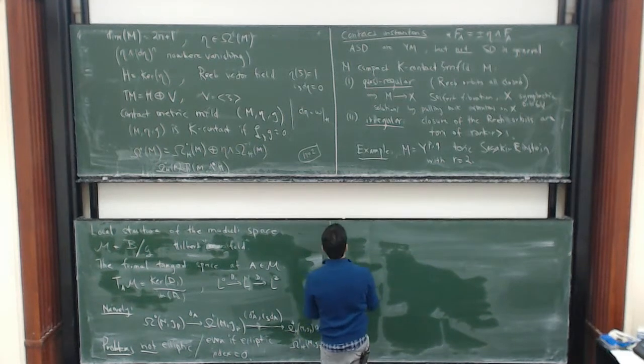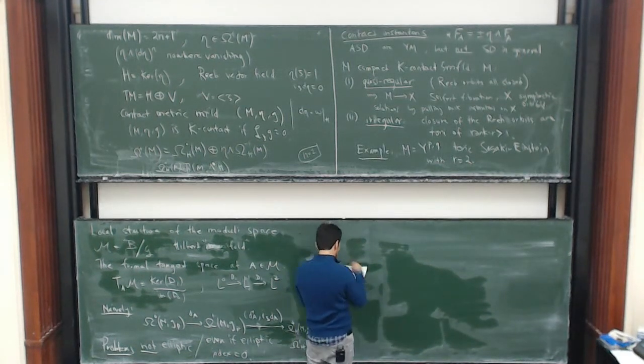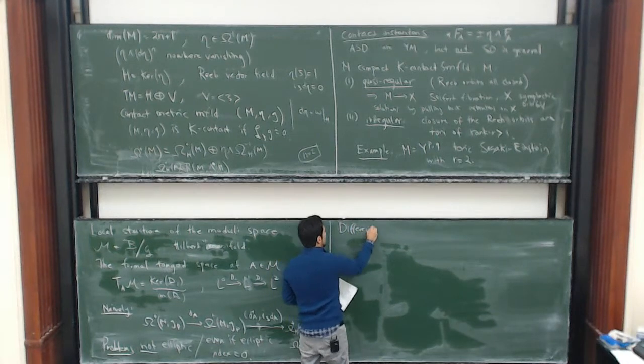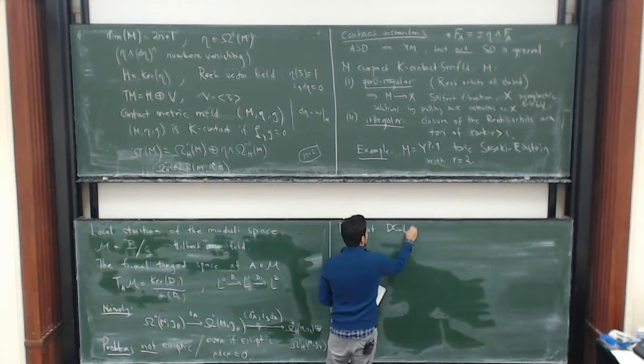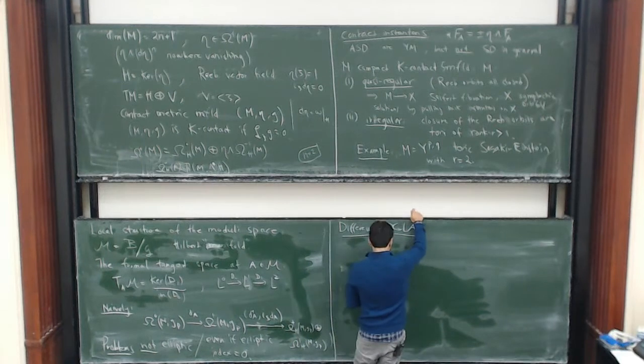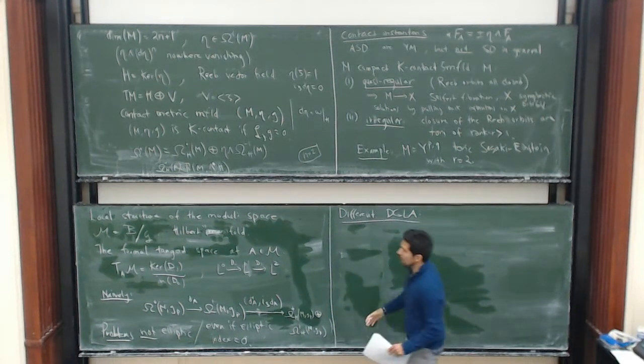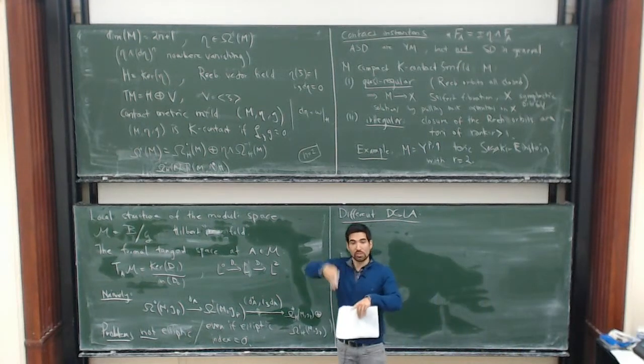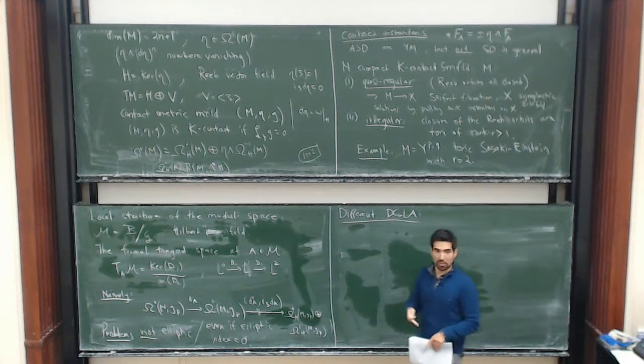So you need to consider a different DGLA, and you note that our tangent bundle TM splits into a horizontal distribution and the vertical distribution generated by the Reeb vector field.